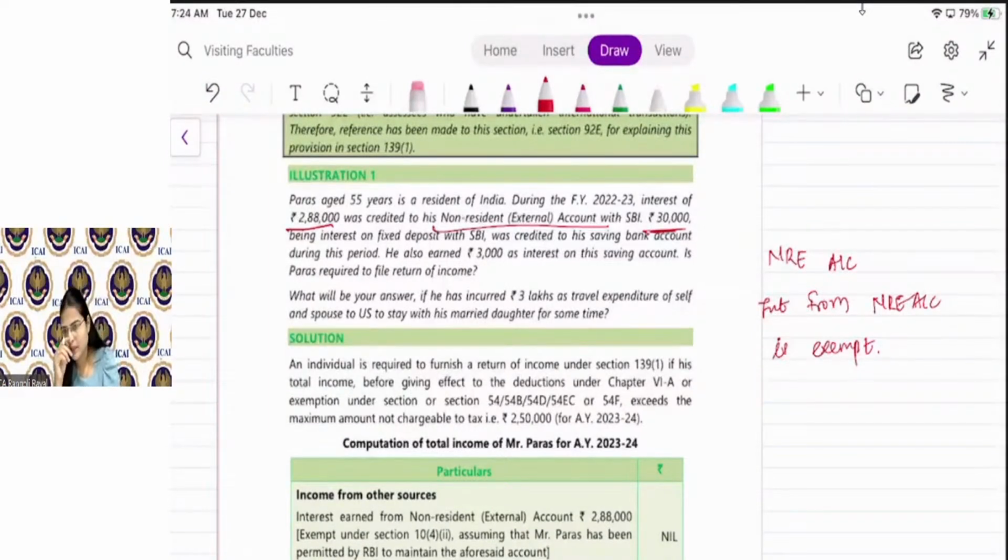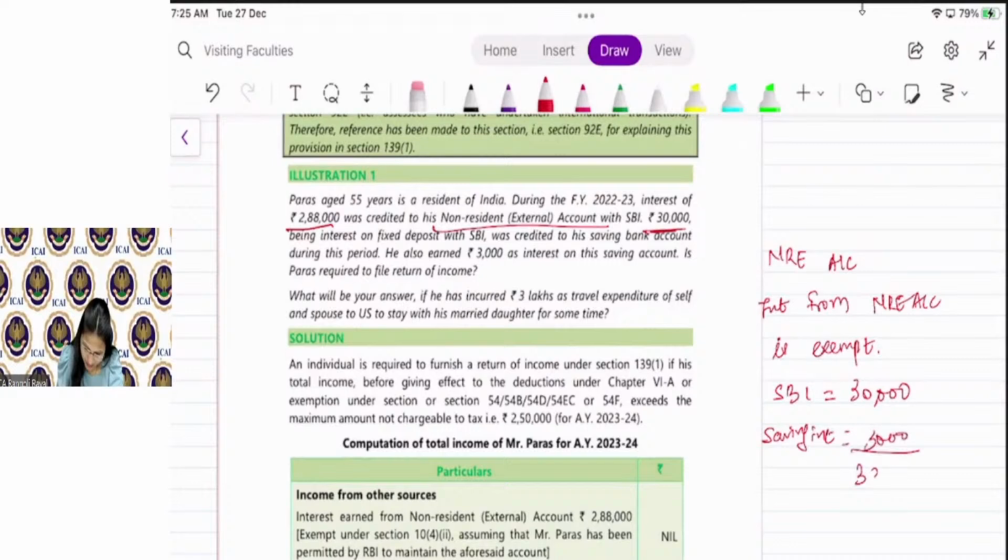Now here we assume that the interest from the NRE account is exempt. So exempt income is not part of your total income. In that case, what is your taxable income? Your taxable income is fixed deposit interest from SBI, that is 30,000, and savings interest 3,000.